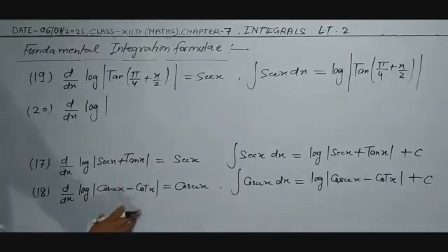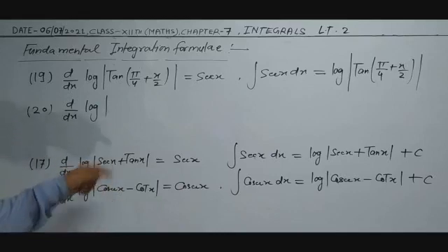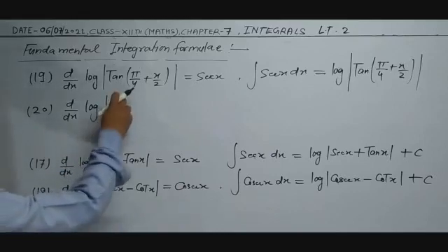So cos square x by 2 minus sin square x by 2 will cancel out. In the denominator, sin x can be written as 2 sin x by 2 into cos x by 2. Cos x by 2 and sin x by 2, a single term from the numerator will cancel out. The result will be sin x by 2 upon cos x by 2.